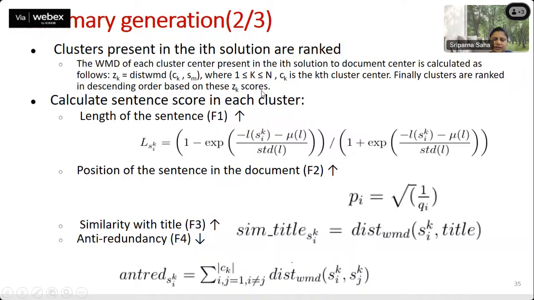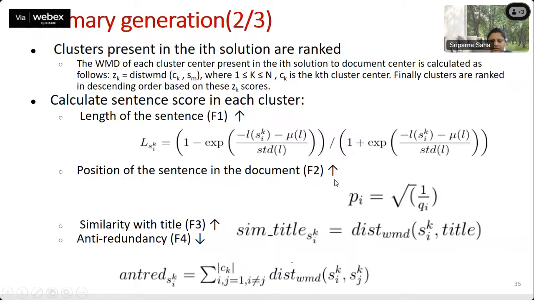Now there are multiple sentences in a particular cluster. Those sentences are also ranked. So for ranking the sentences in a particular cluster, we have used these objective functions. First, the length of the sentence: we want to increase the length of the sentence, because if the sentence has higher length, that means it is conveying more information.